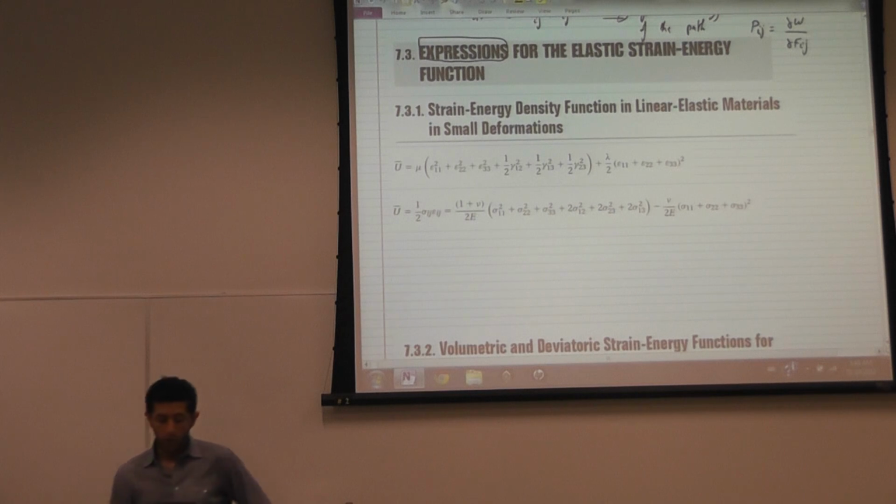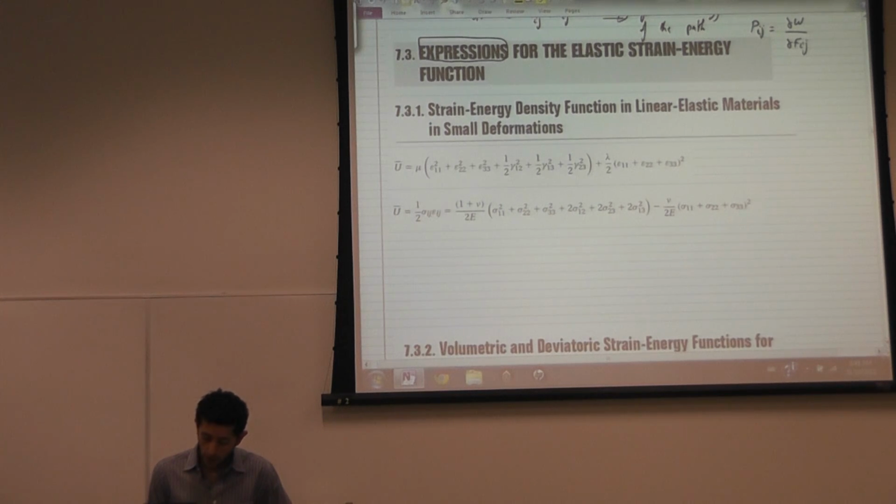So for small strain, strain energy density for linear elastic materials. For linear elastic materials, we already described the constitutive laws in the previous chapter, chapter 5. The expression for the energy is equal to half sigma ij epsilon ij. I have a relationship between the stresses and the strains.